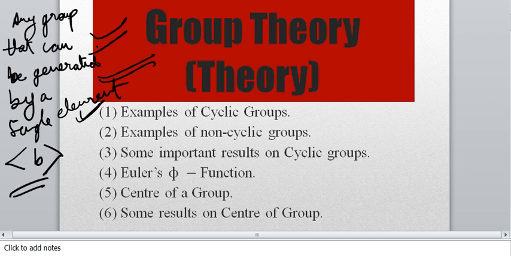So the first one will be examples on cyclic groups. Next, examples of non-cyclic groups. Since there are cyclic groups, there have to be non-cyclic groups, so we will do some examples on non-cyclic groups as well. Then we will do some important results, some important rules that you need to follow, properties of cyclic groups.